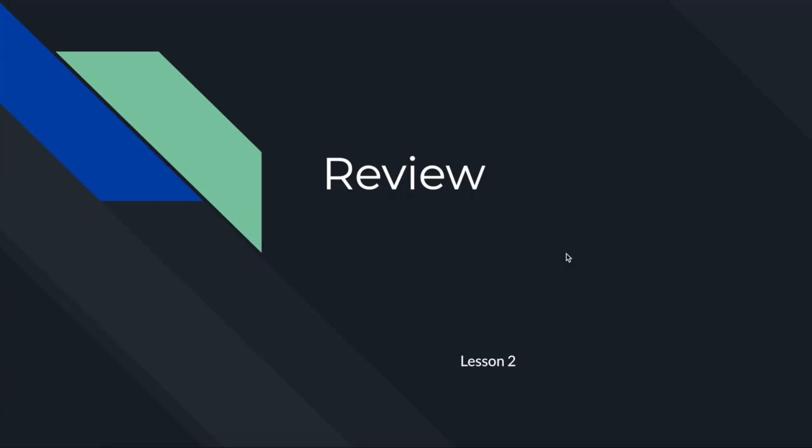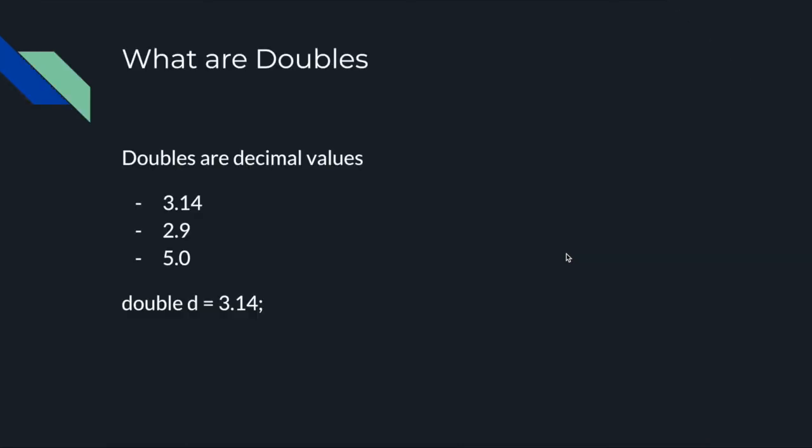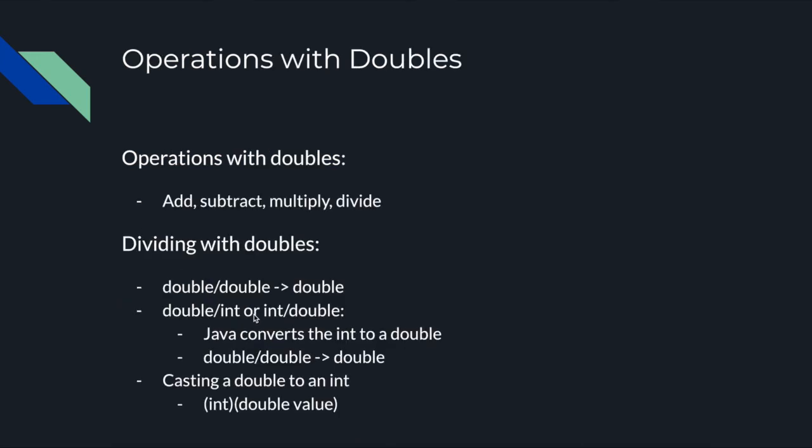So at the end of each video, I like to review what we learned for lesson 2. We learned what doubles are, and doubles are decimal values, such as 3.14, 2.9, or 5.0. And just like integers, we can declare a double using the data type, the variable name, and then what we want to assign it. Just like integers, we can also do different operations, such as adding, subtracting, multiplying, and dividing.